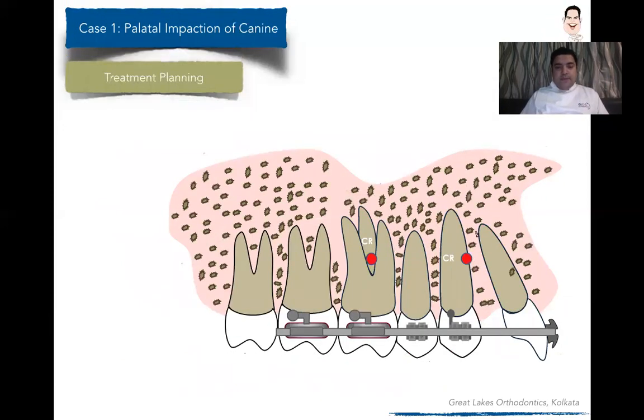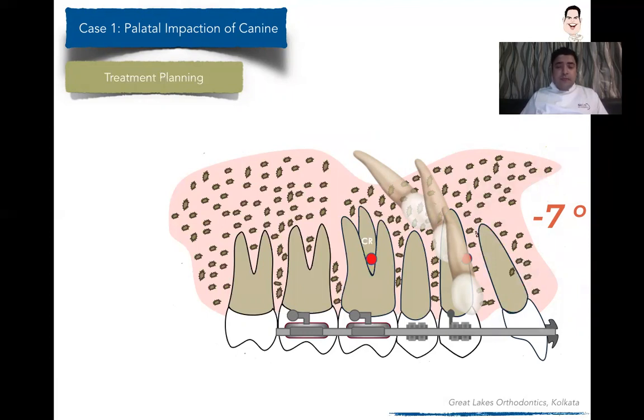But then there is another perspective which we need to look into, which is that since the tooth is palatally placed, how about the torque at the end of the treatment and how are we planning to correct it? There are various methods to correct torque when the canine has come out into place. One could be altering brackets, or you might have a variable torque bracket.